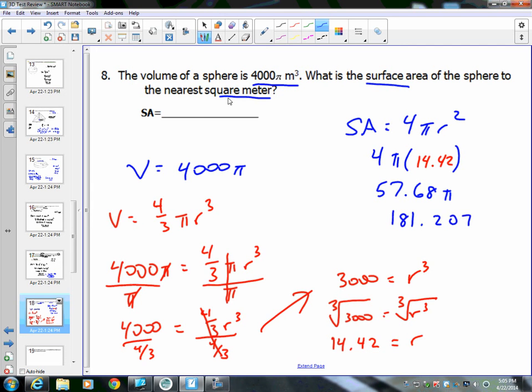So this says nearest square meter, which is a whole number. So we're going to look at the first decimal place, and 2 tells us to round down or keep it the same. So we end up with 181. And that is our total surface area. Units in this case would be meters, meters squared for area.